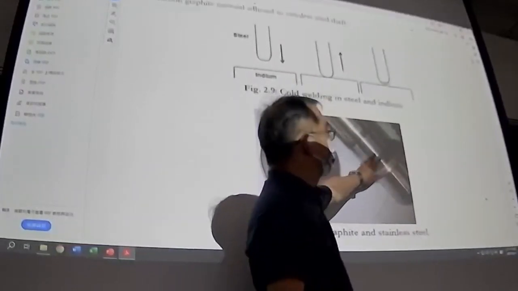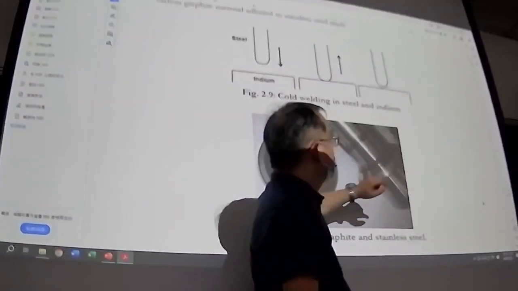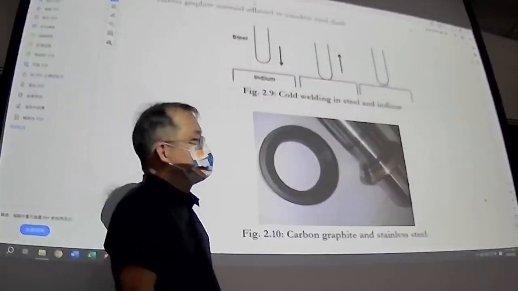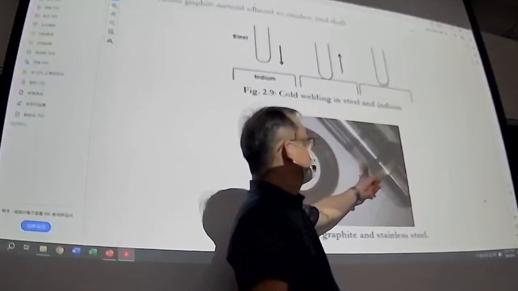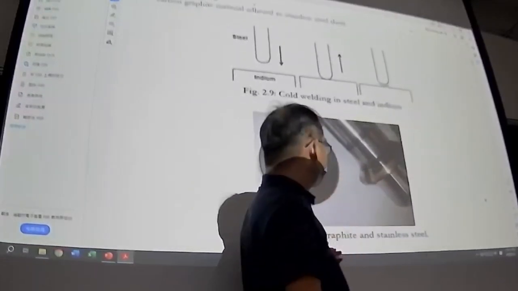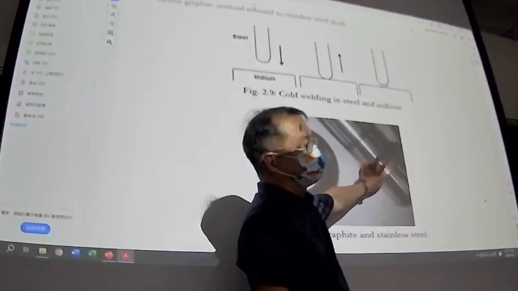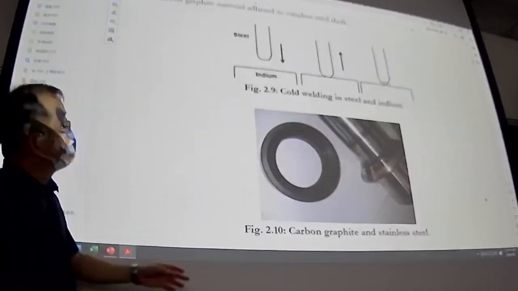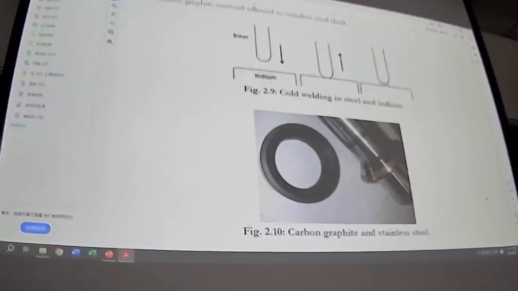You place your seal into this place, and after serving a period of time, you will see some of the carbon or graphite sticking on the shaft surface. This is a typical phenomenon of the adhesion.